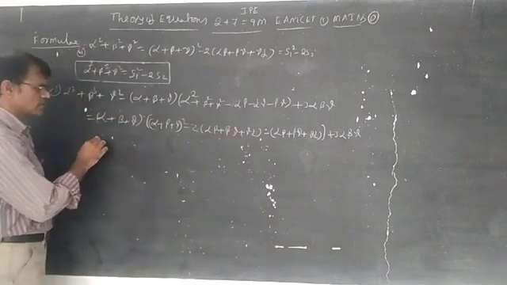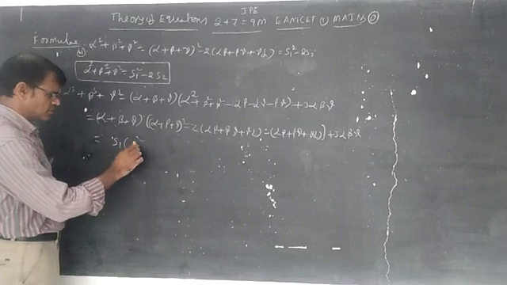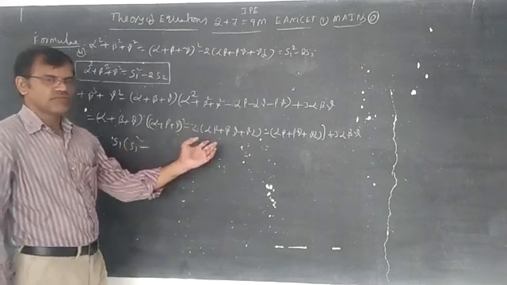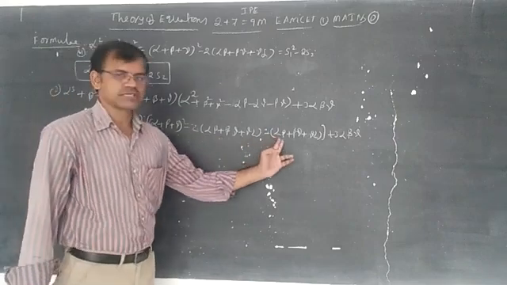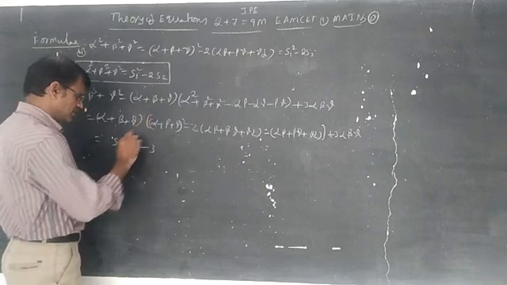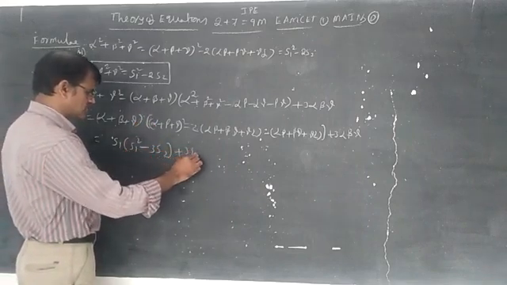That is equal to s1 into s1 square minus 2 into alpha beta plus beta gamma plus gamma alpha, minus alpha beta plus beta gamma plus gamma alpha. You can understand minus 3s2 plus 3s3.